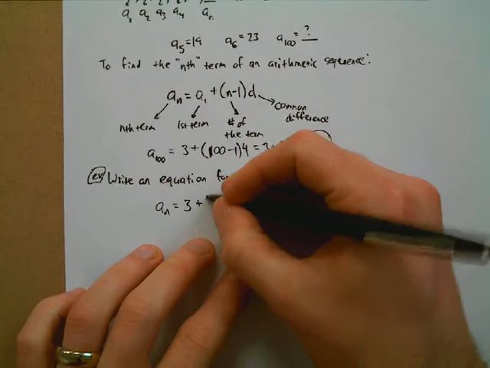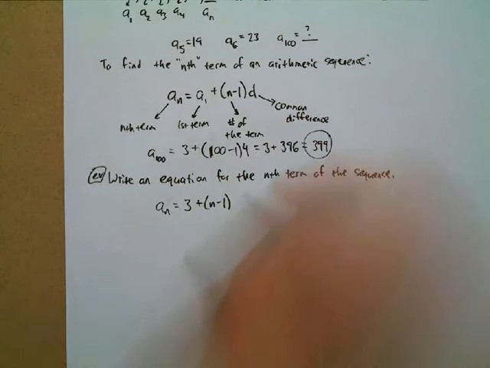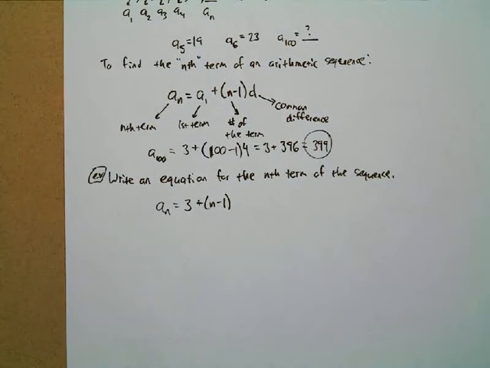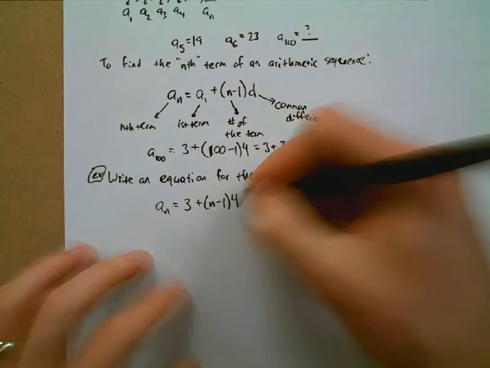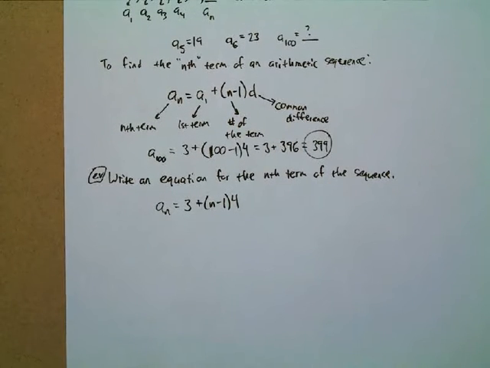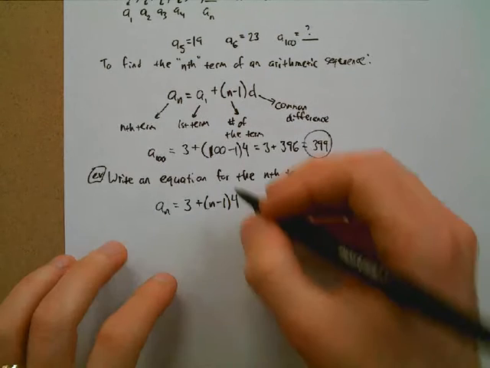So there's a generic formula for this particular sequence. For any term that you want to find in the sequence, you can do that using this formula, which we could simplify some, right? The 4 can distribute. And so we end up with a sub n equals 4n minus 1.